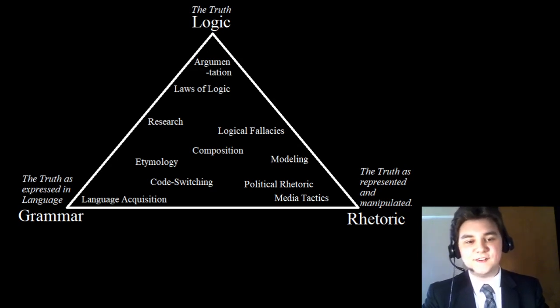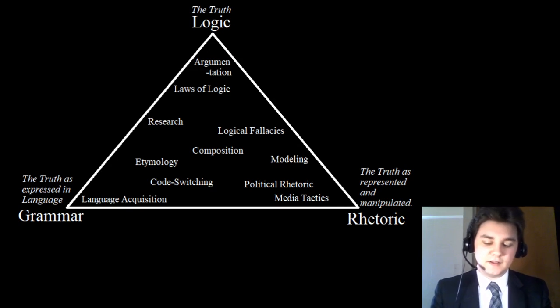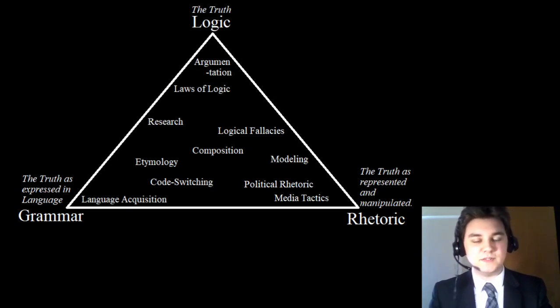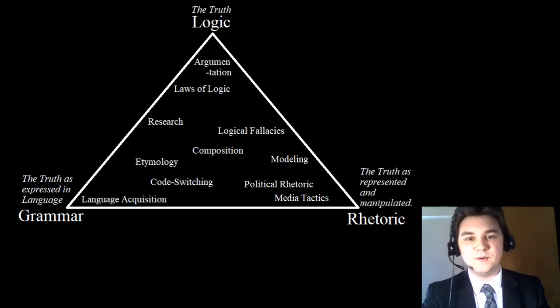Another important skill, I think, is etymology, to be able to understand where words come from, because in essence, this is a way to understand how words from different languages relate to one another, and the way that thought can transcend language barriers. So I think etymology is very important in that sense.